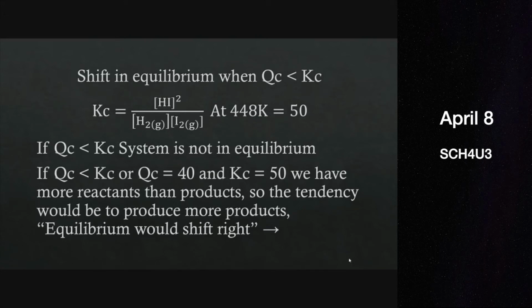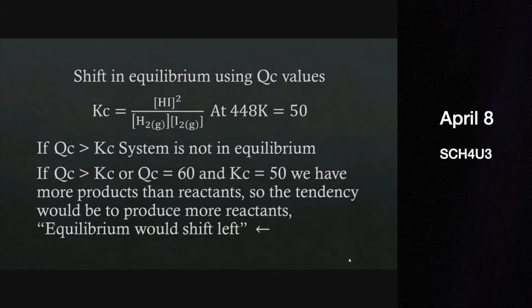So you can make the number 40 go up by decreasing the numerical value of the denominator, which means reactants have to combine to form more products. So the value of the numerator increases when more products are formed, and the denominator has to decrease, which means reactants are changing to products, and we would say the equilibrium would shift right.